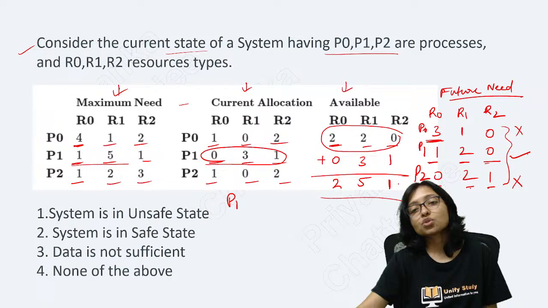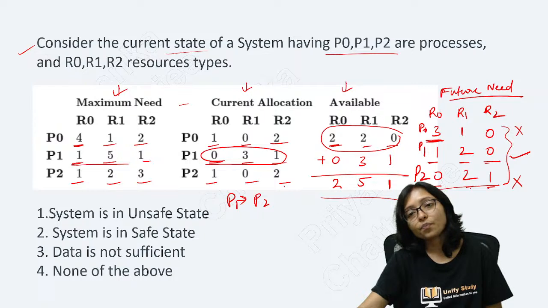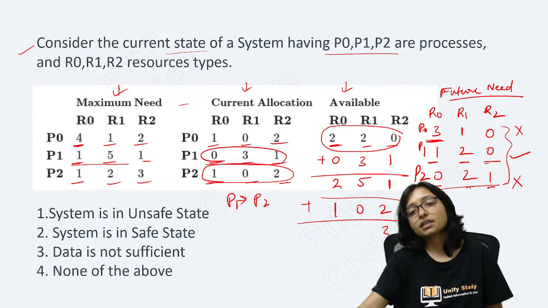With this 2, 5, 1, now I can do 0, 2, 1, so now I can do P2. After P2 is done, P2 will release 1, 0 and 2. After that, 3, 5 and 3 are available.